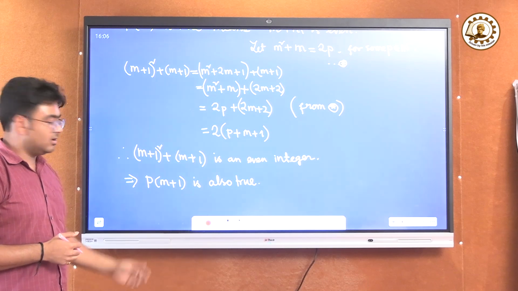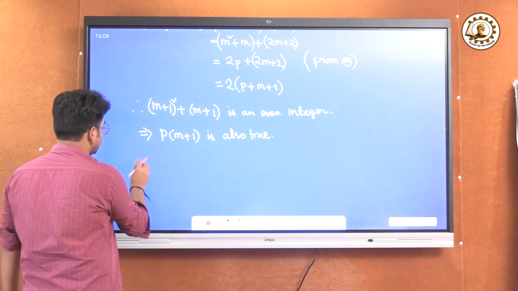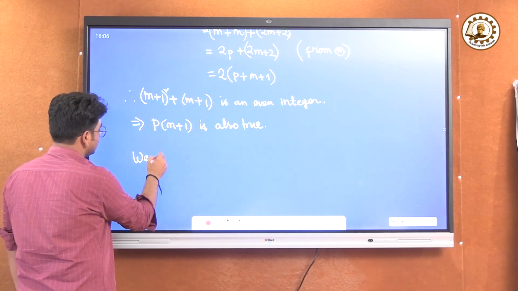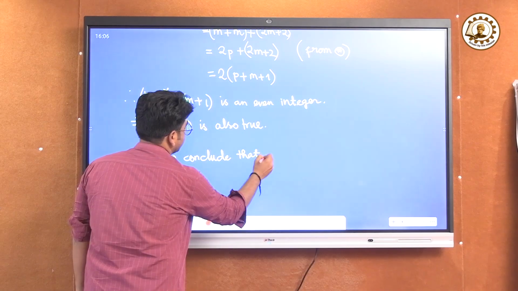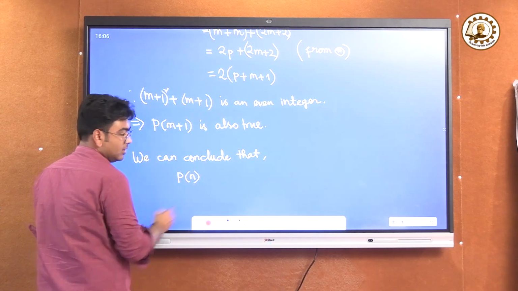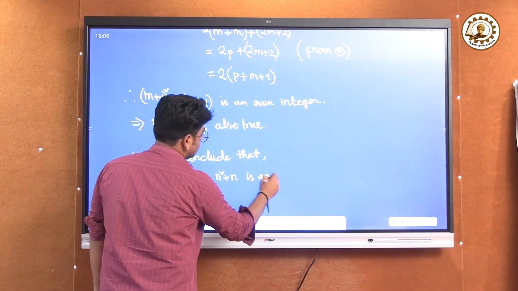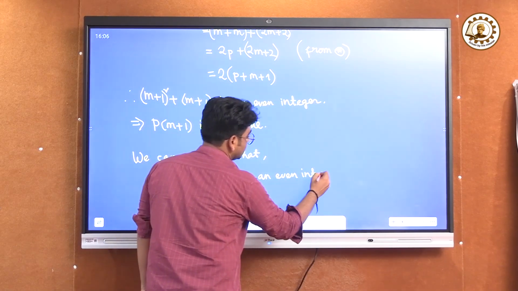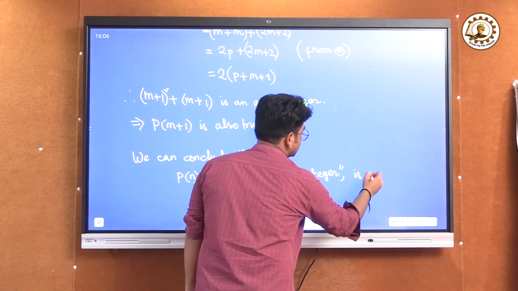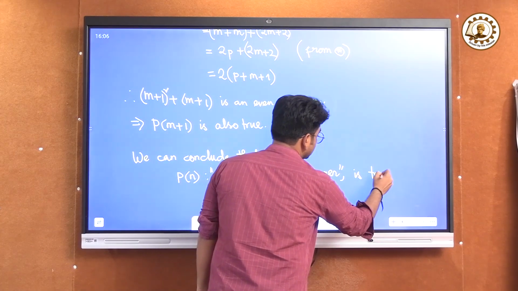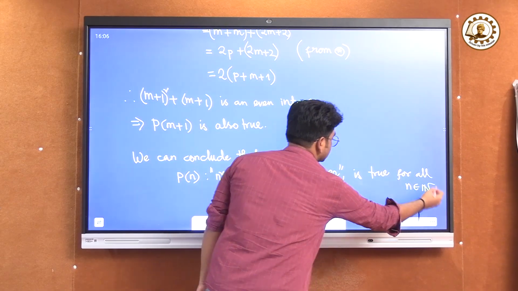So this is the inductive step, and from the base step and inductive step we can conclude that P(n), which is n square plus n is an even integer, is true for all n belonging to the natural numbers. That's it.